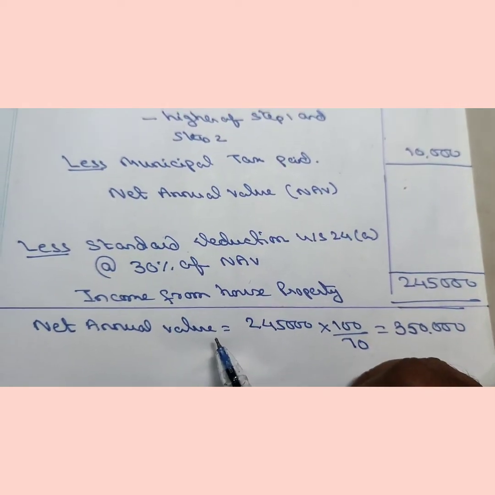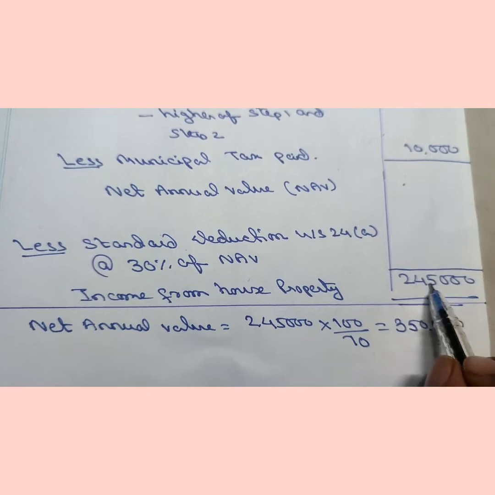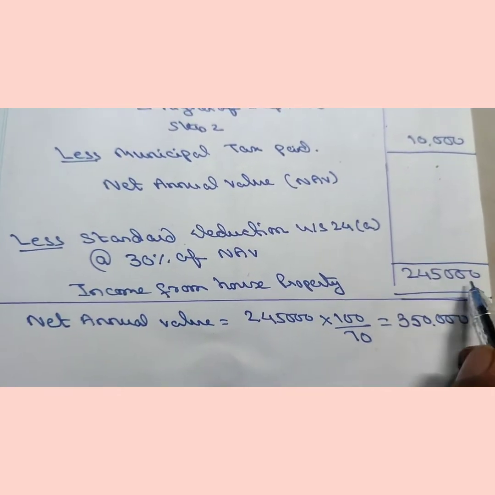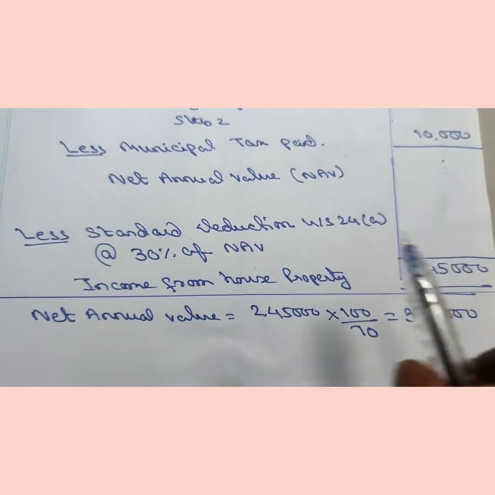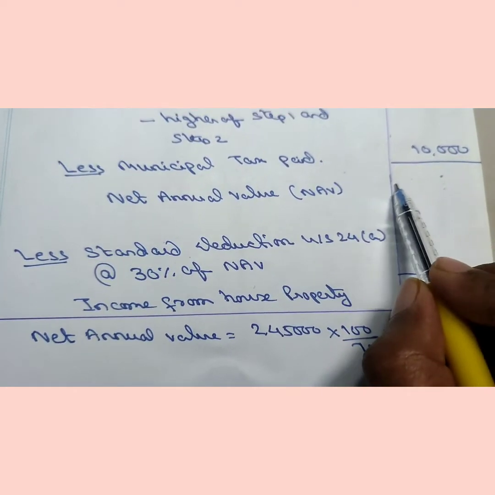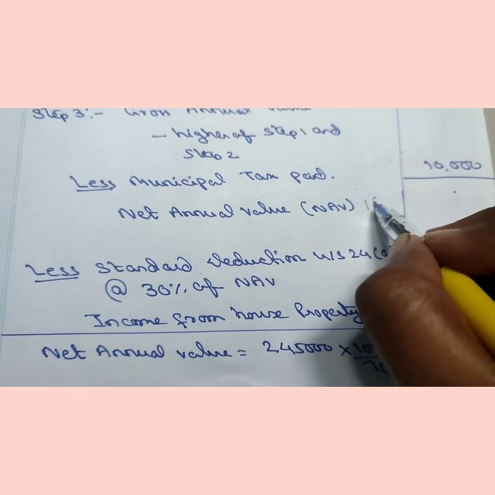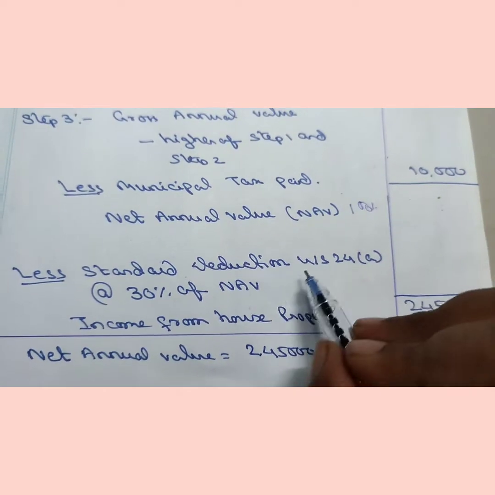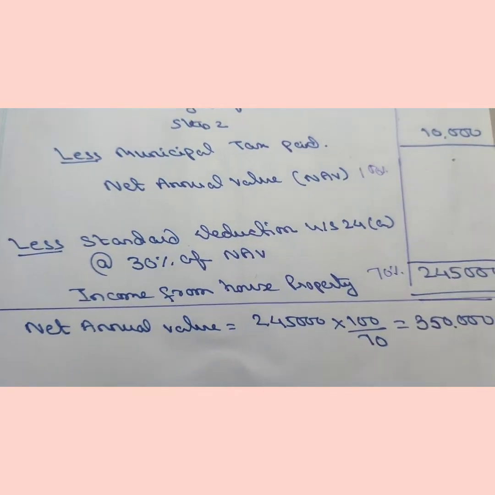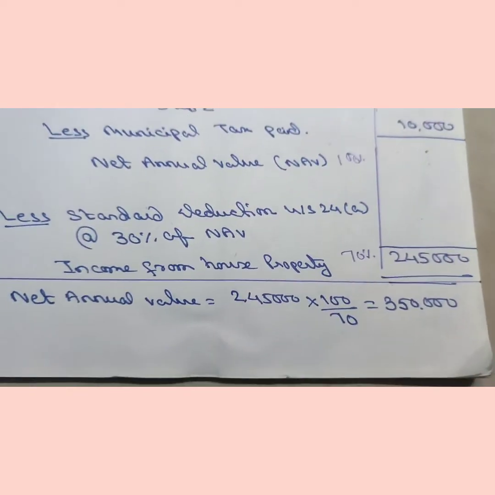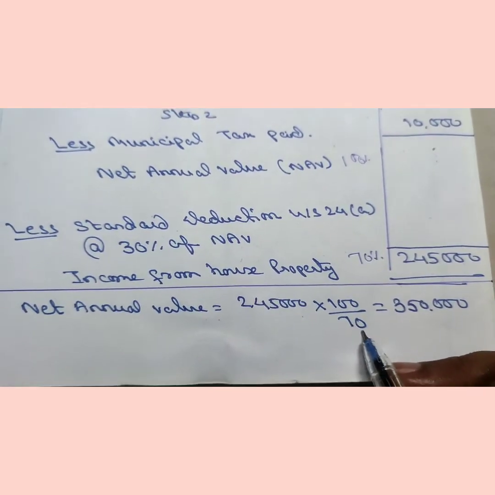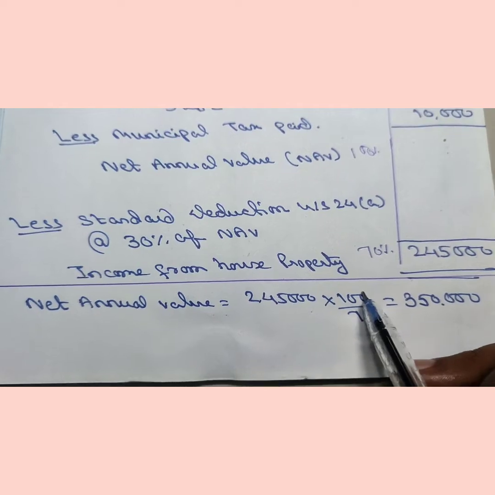So, for this, we have to first calculate what will be the net annual value. Now, if 2,45,000 is income from house property and there is a standard deduction of 30% of NAV, that means this is the 100% and 30% is standard deduction. So, this should be 70%. So, we have to make workings to find the net annual value. 2,45,000 is 70%. So, what is the 100%?